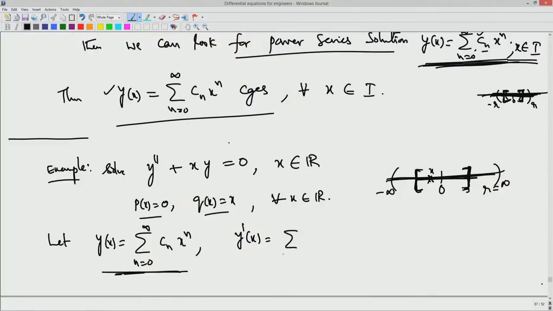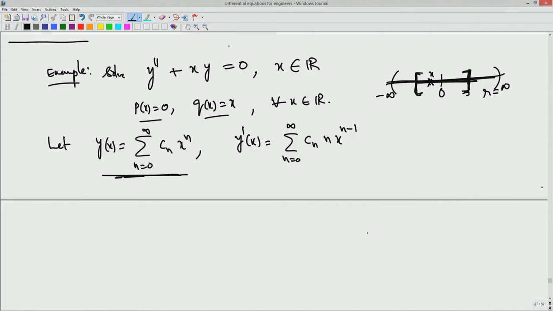So, y dash of x is simply the term by term differentiation. The derivative of this power series is the sum of n C n x power n minus 1, but you need y double dash. So, you can do it one more time, because again this is a power series which is also converging. Again, that is from the property of power series, which converge uniformly wherever they converge.